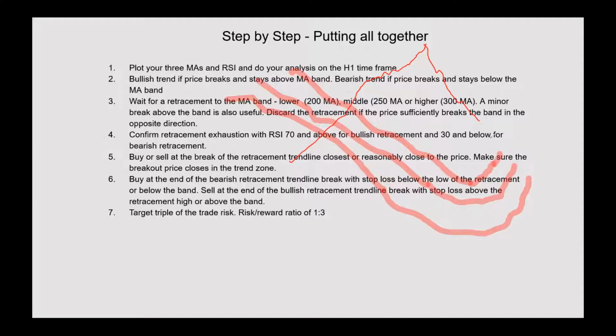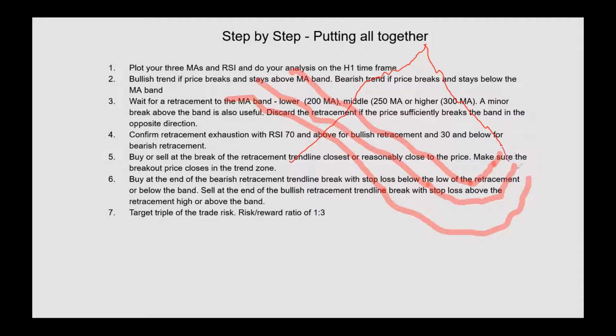And when price comes here, this is a correction to the band. This is when you start looking for opportunity. Sometimes it can go deeper, or slightly below them. If it goes slightly below them and quickly moves up, it's an accepted correction.